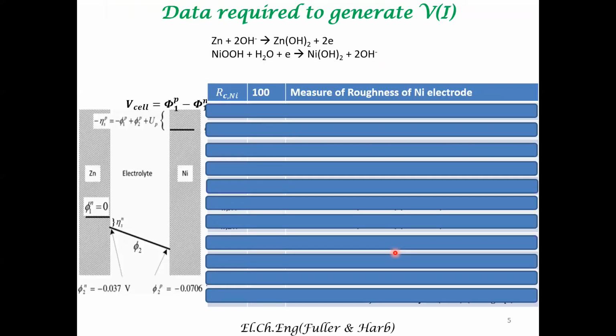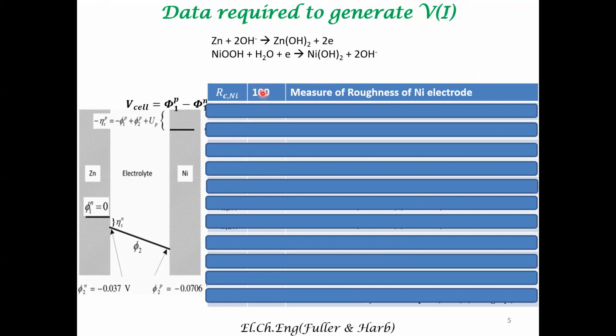Before we get to that, we should know what data are needed for generating V versus I, V as a function of I. In this case, we are going to take the viewpoint that you're given I and we want to get V. So to be able to do that, we need the roughness of the nickel electrode. We had introduced the importance of roughness in a previous lecture.